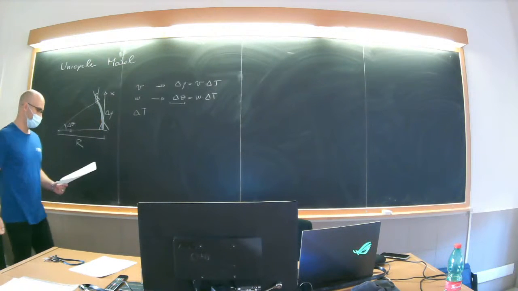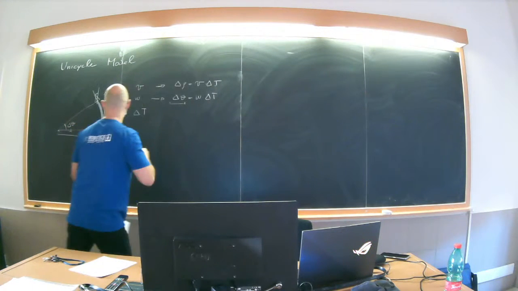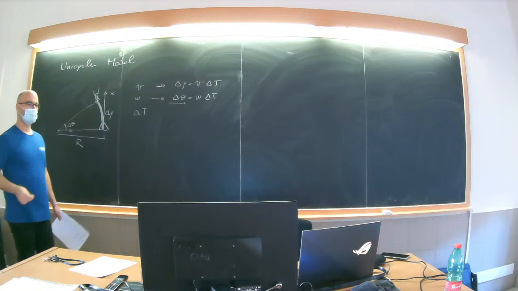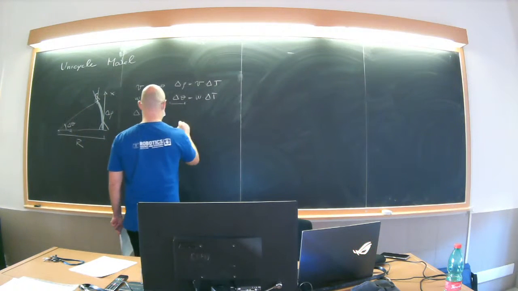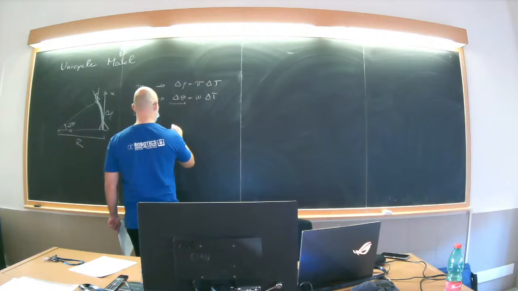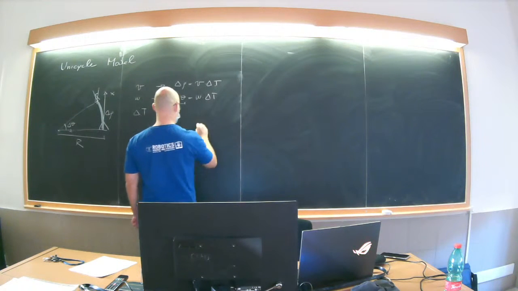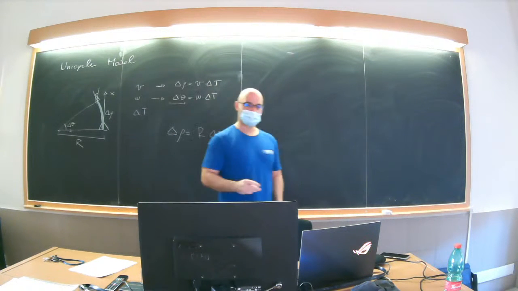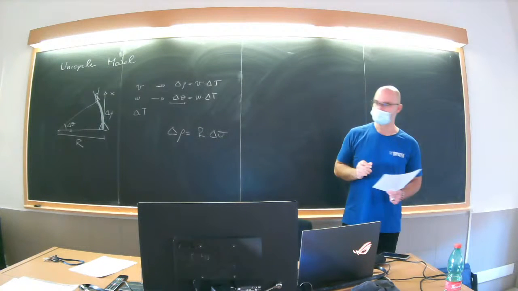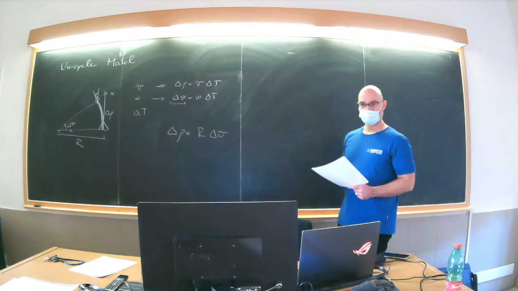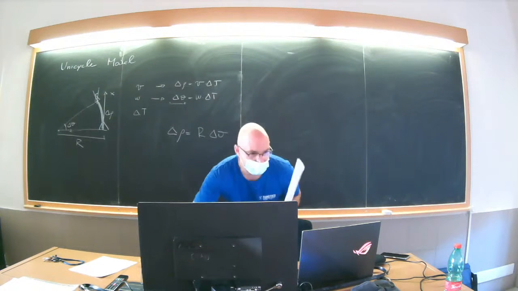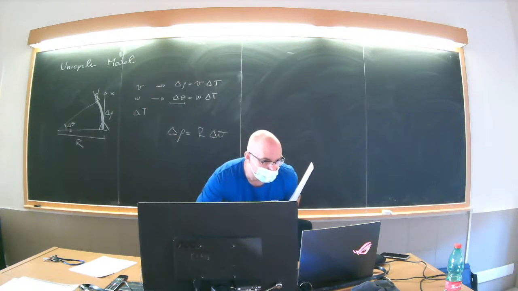So it's straightforward to say that this arc of a circle is equal to the radius multiplied by the angle. And we can write that delta rho is equal to r times delta theta. Okay? Clear?